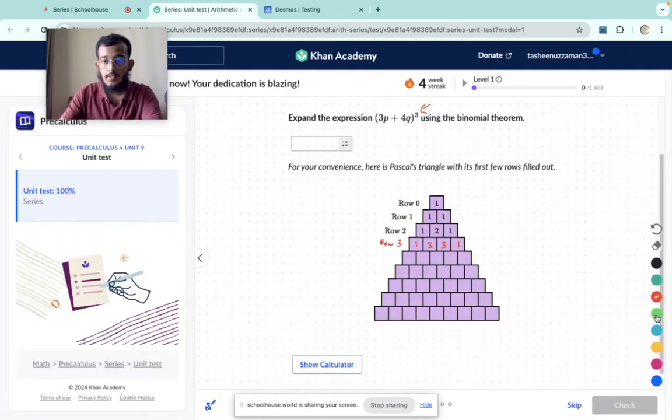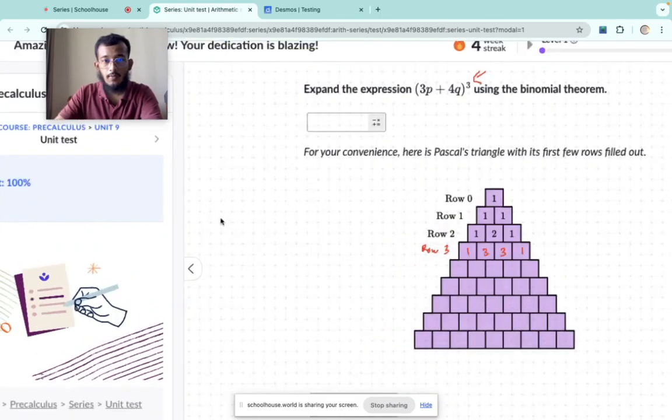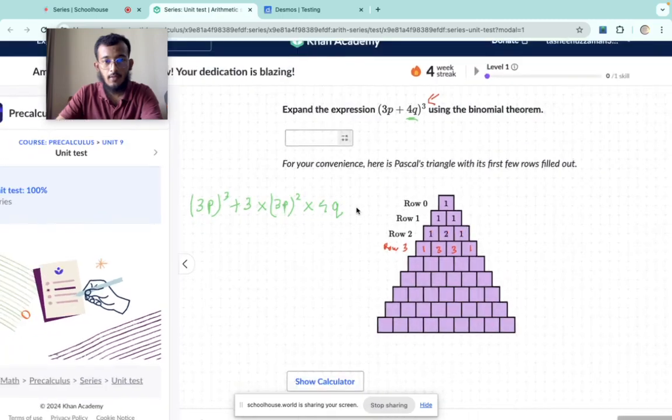So the first term will be (3p) to the whole cube, plus the coefficient which we have found here, which is 3, times (3p) whole square into the last term from here, which is 4q. And there we go, that is enough for this term.